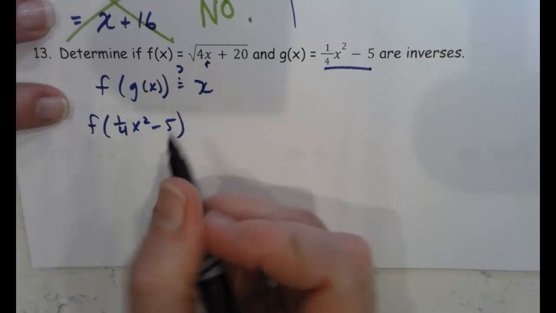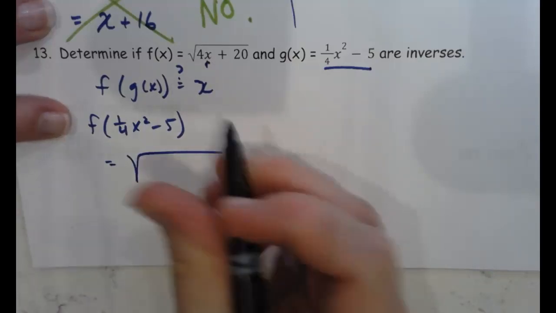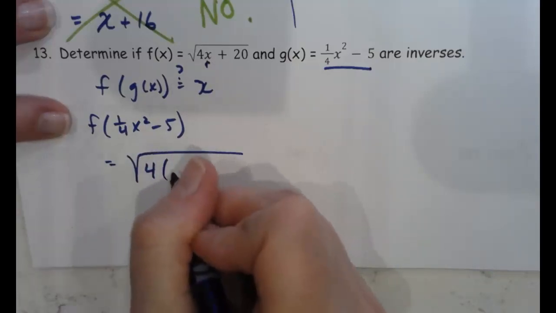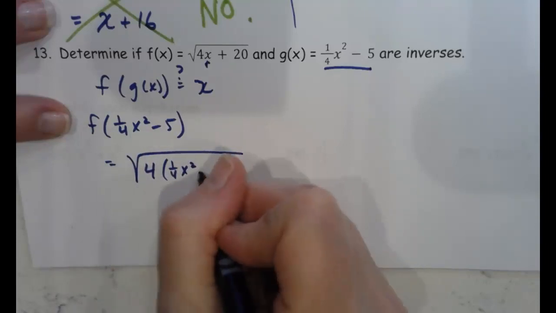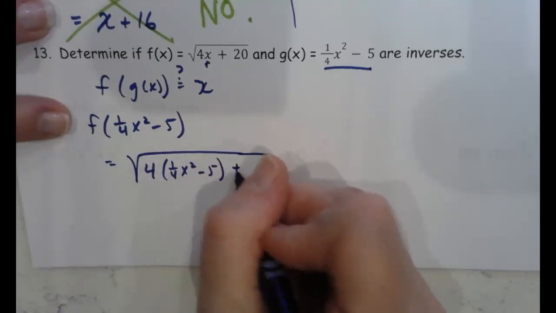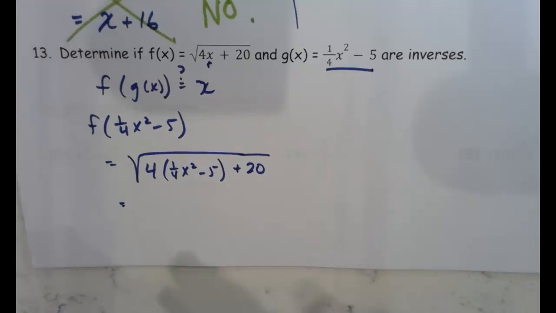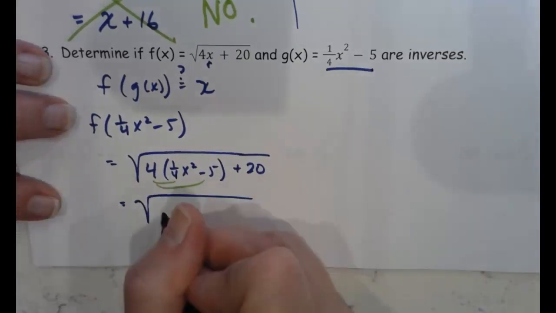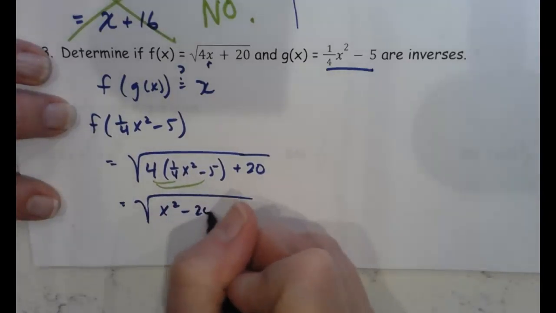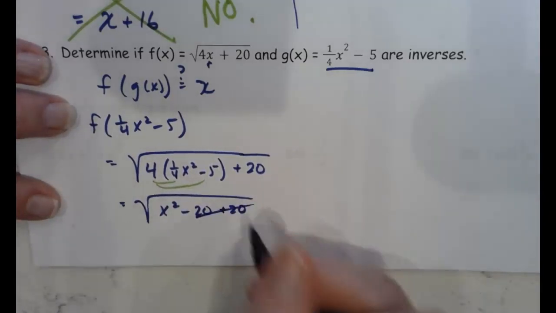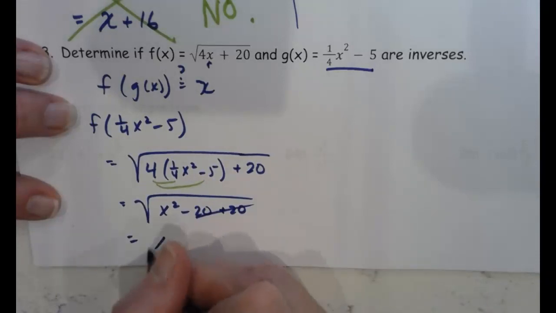We're putting it in for that x. Let's go. That's the square root of 4 times 1/4 x squared minus 5 plus 20. So when we distribute right here, we end up with the square root of x squared minus 20 plus 20. 20's cancel. The square root of x squared is x.